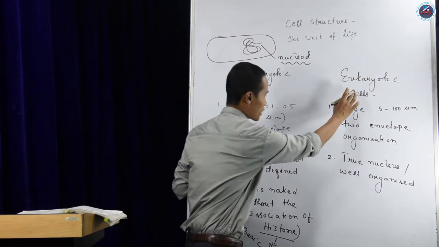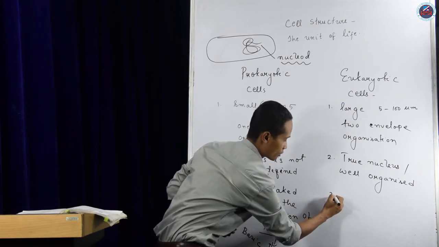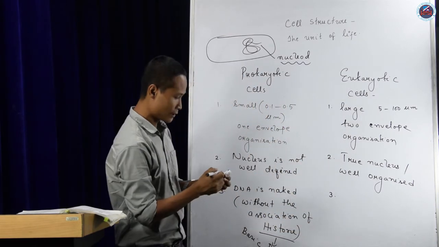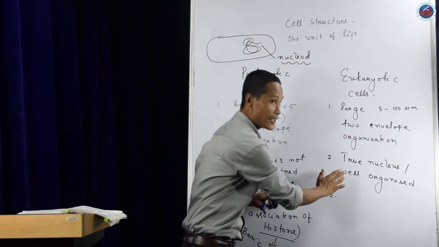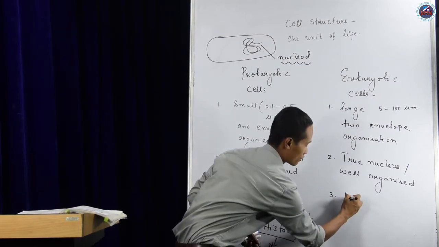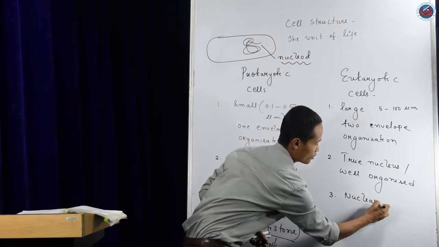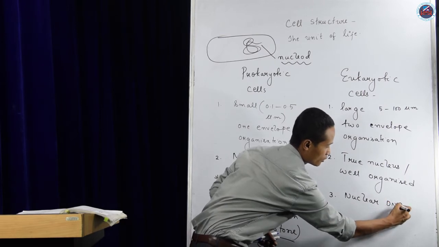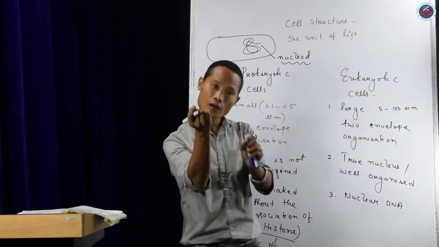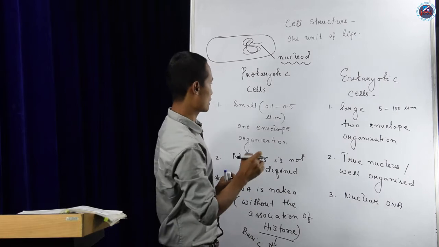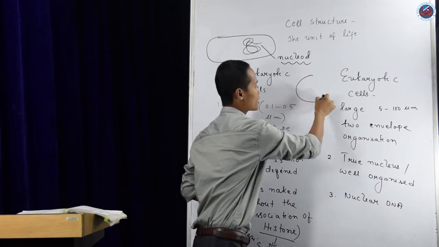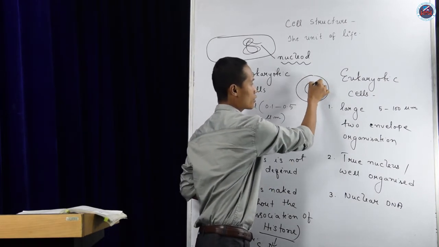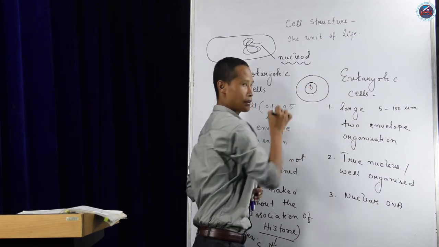Now if you compare with eukaryotic cells, you have your nuclear DNA. Nuclear DNA means the DNA that is found inside the nucleus. If this is your eukaryotic cell, inside the nucleus you find your DNA.